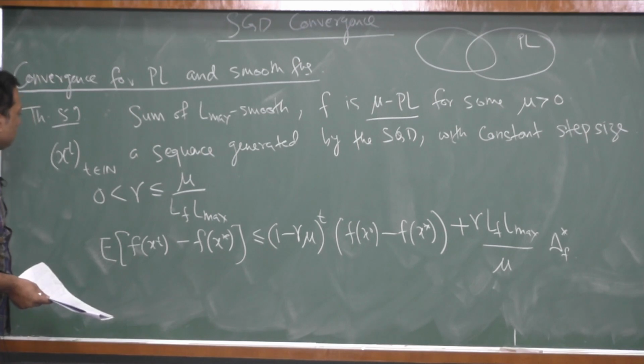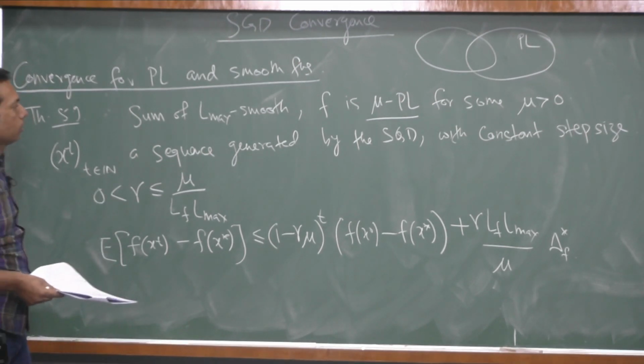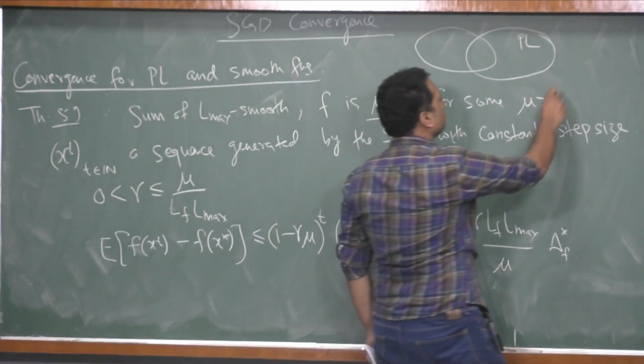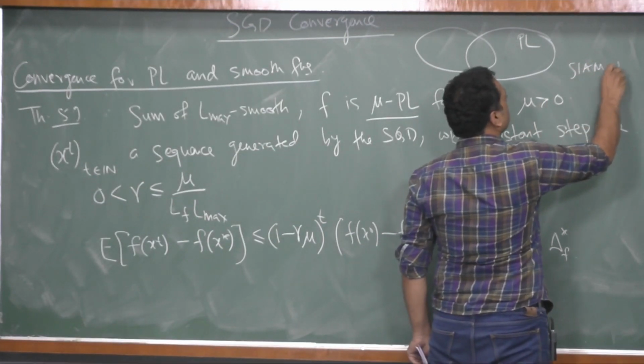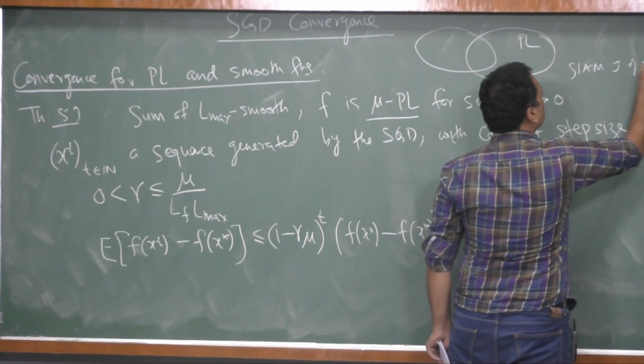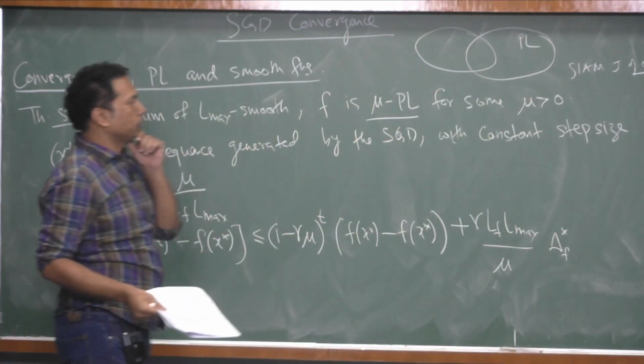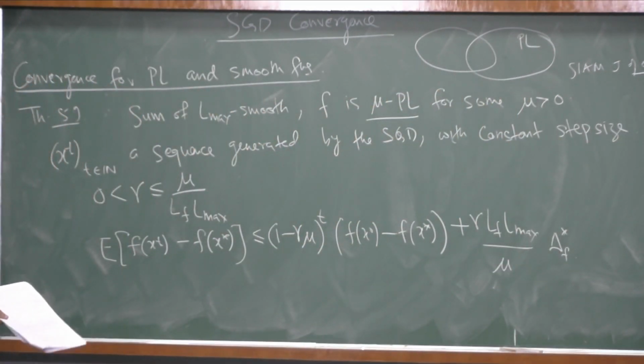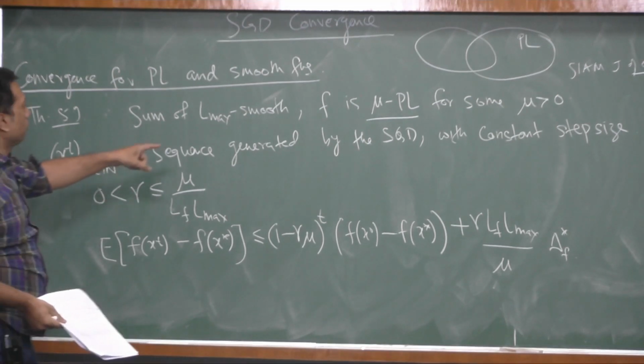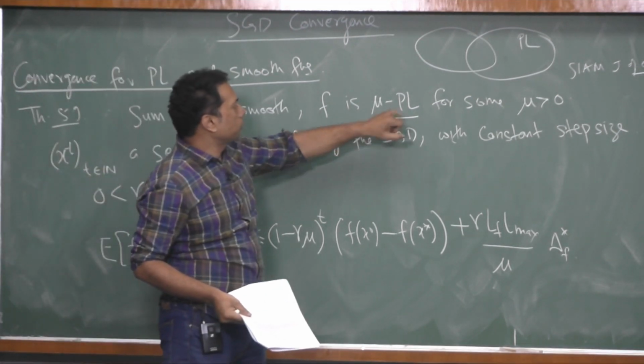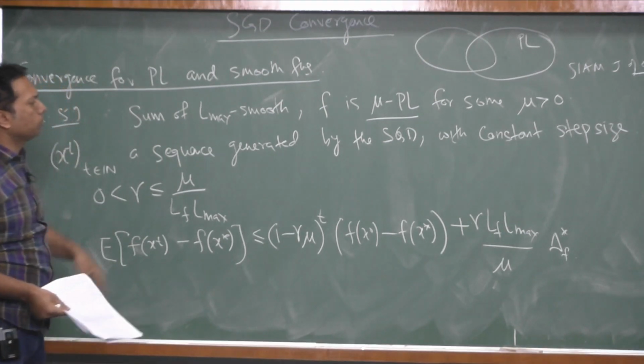Okay, so in fact we had one paper recently in SIAM Journal of Optimization. It got accepted like I think 5 days ago, and there we had to assume PL as well, and we saw a lot of applications there.